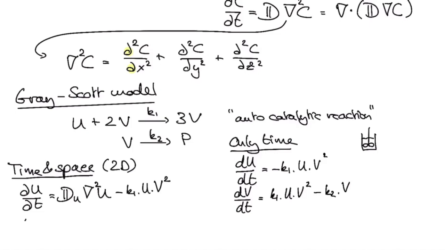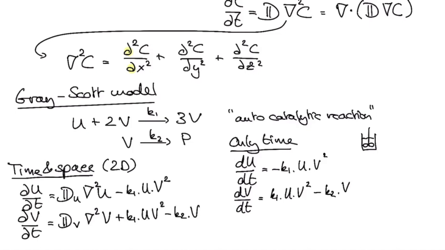And the same for dv/dt: the diffusion coefficient of v times the Laplacian of v, plus K1 u v squared minus K2 times v.